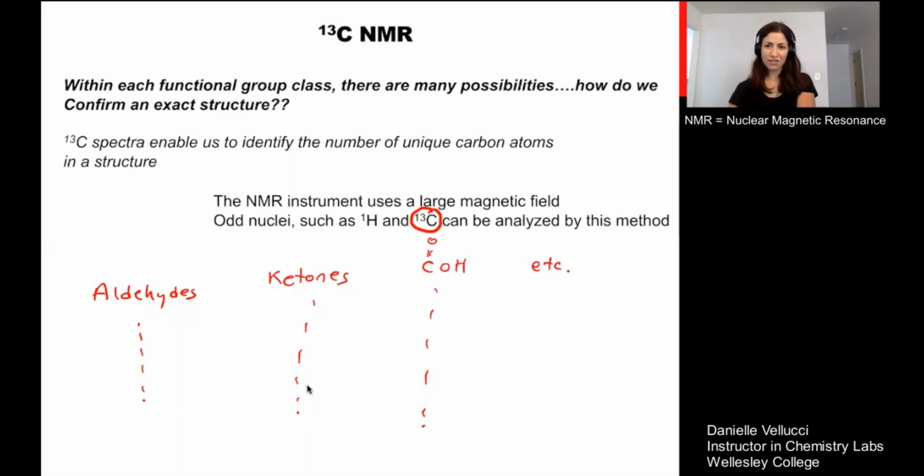So we see a signal for every unique type of carbon that's present in our molecule. And here in Chem 211, the most important thing we're going to get out of carbon-13 data is that we're going to count up the number of signals we observe. And based on the number of signals, we will know the number of unique types of carbon within our structure.